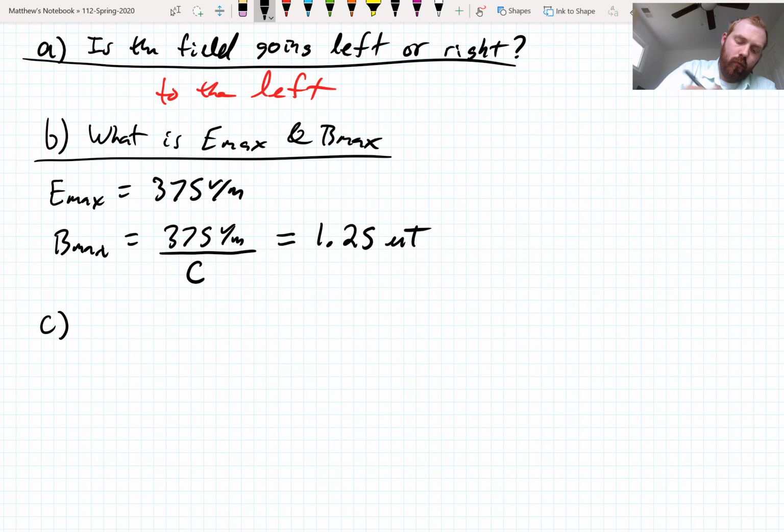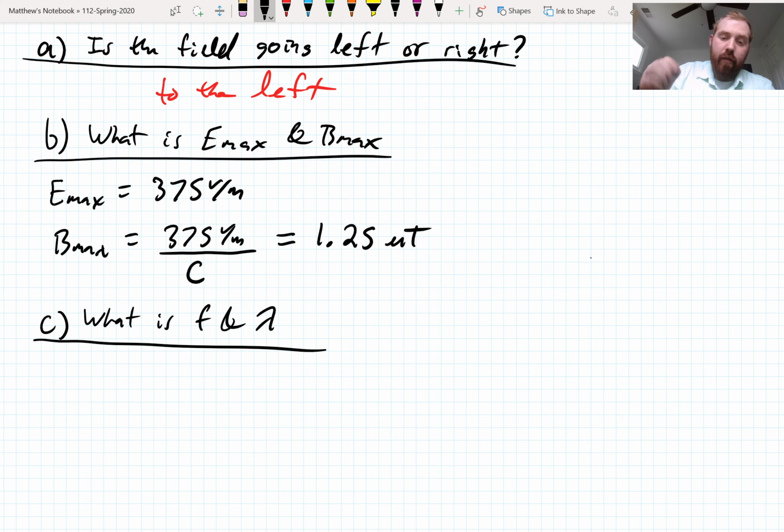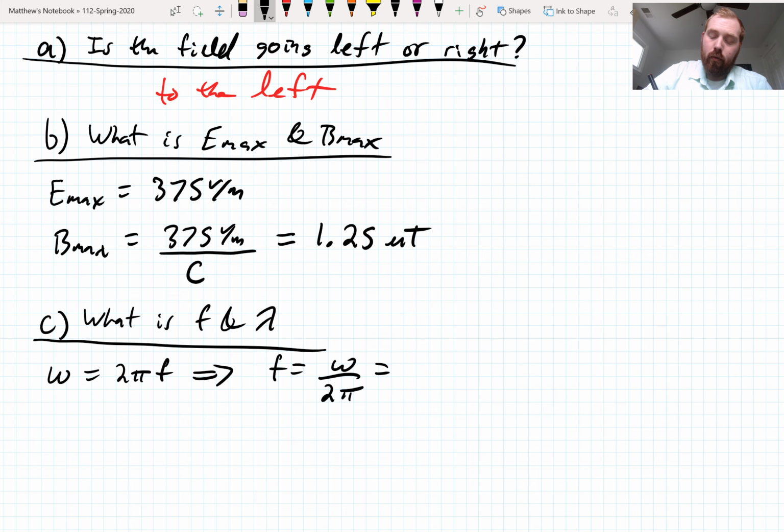All right, next part. What is the frequency and wavelength? So, callback. Omega is 2 pi f. So f is omega over 2 pi. Omega you can read straight off of the equation.